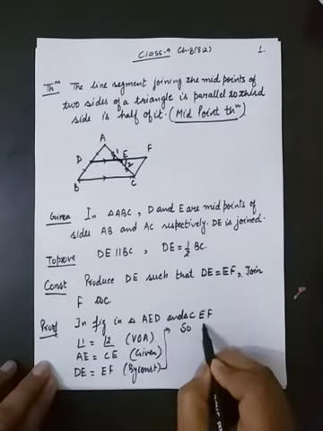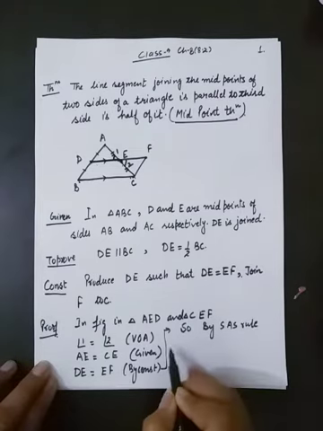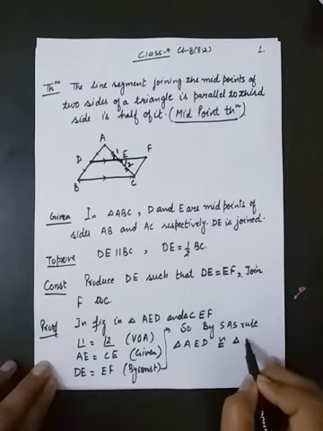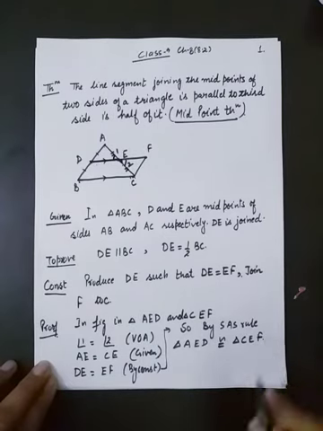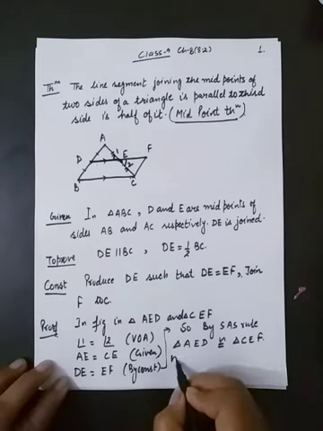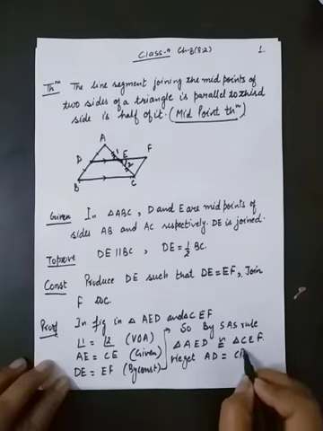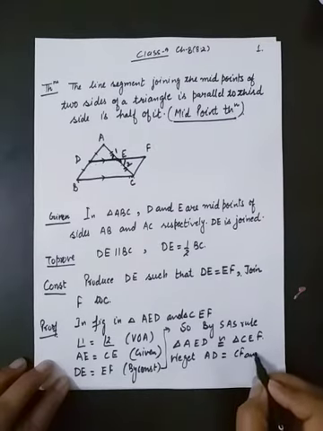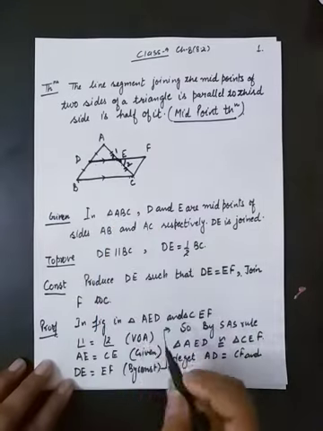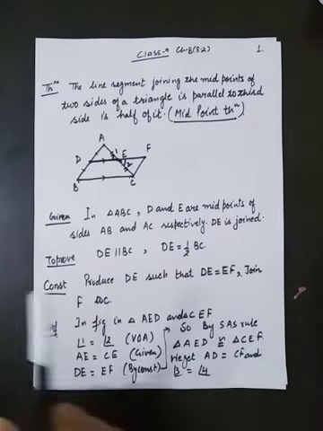So, by the side angle side rule, triangle AED is congruent to triangle CEF. After proving these two triangles congruent, we get AD is equal to CF and angle 3 is equal to angle 4.